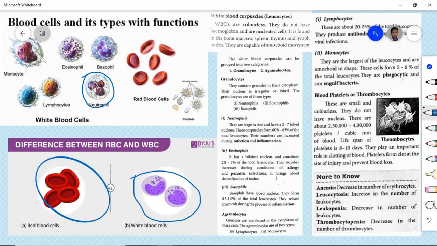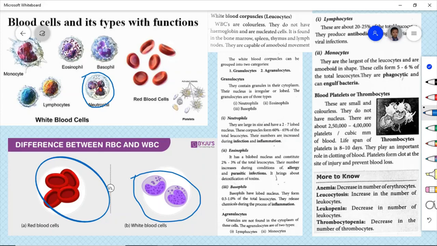So how many lobes are present? Normally 2 to 7 lobes are present, but here only 3. The total number is 60% to 65%. At what time will the number increase? During inflammation or infection.